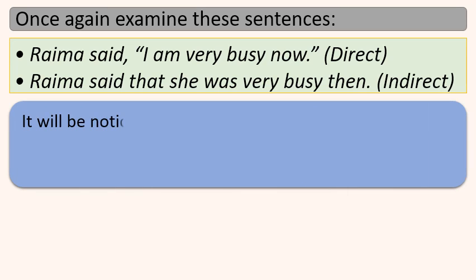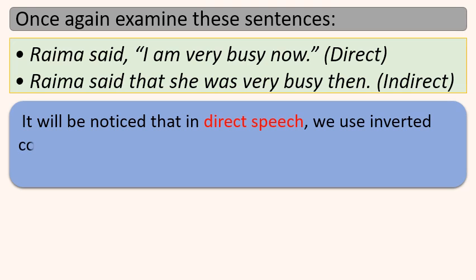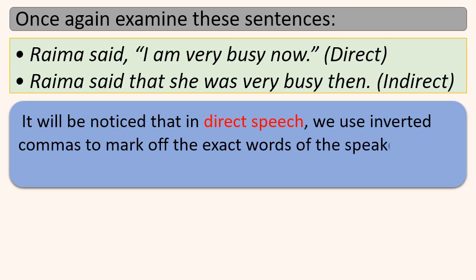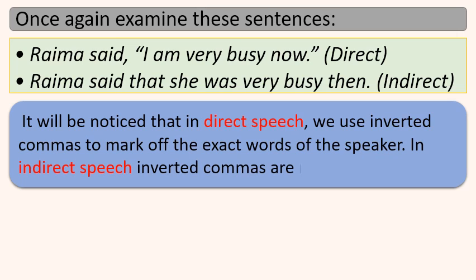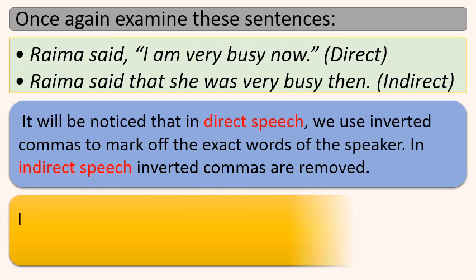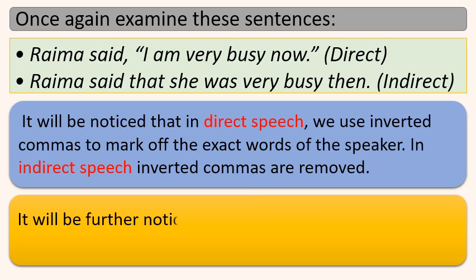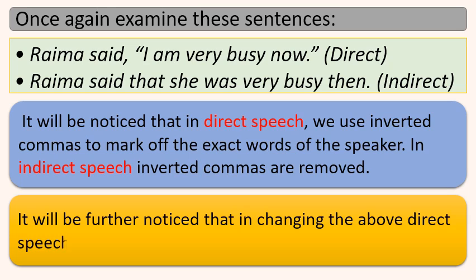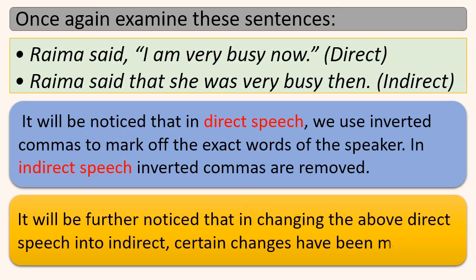So it will be noticed that in direct speech, we use inverted commas to mark off the exact words of the speaker. In indirect speech, inverted commas are removed. It will be further noticed that in changing the above direct speech into indirect speech, certain changes have been made. So let us see what those are.